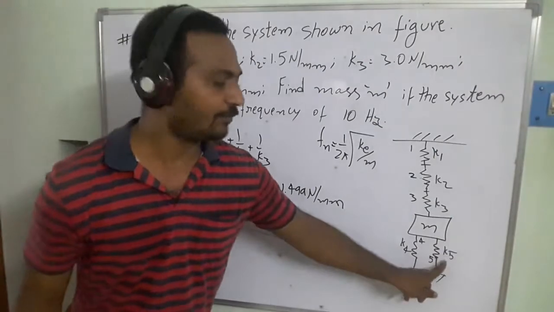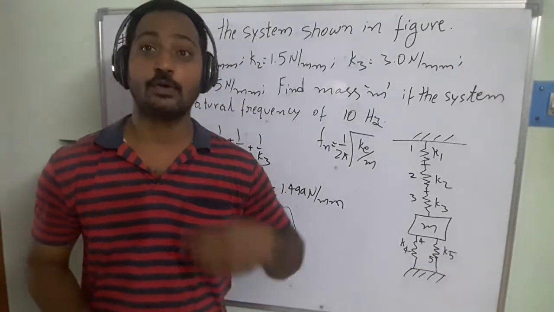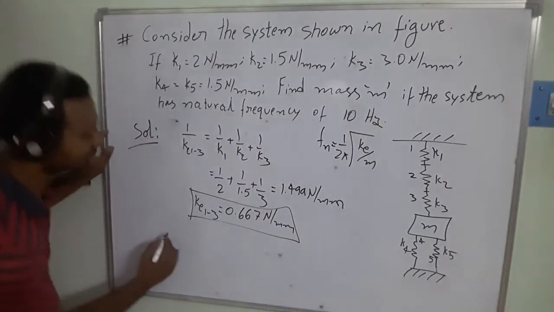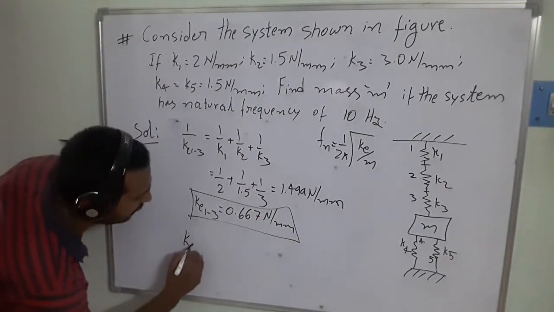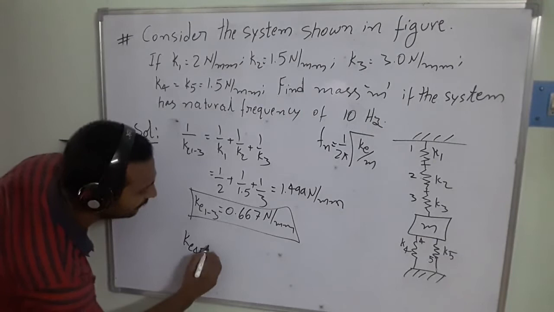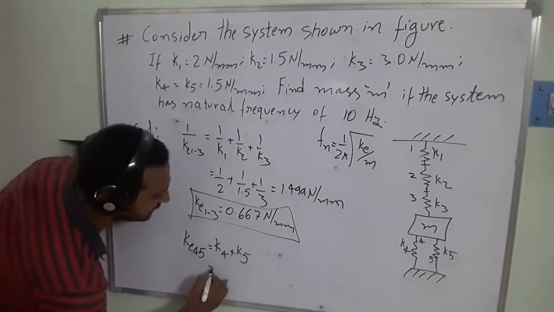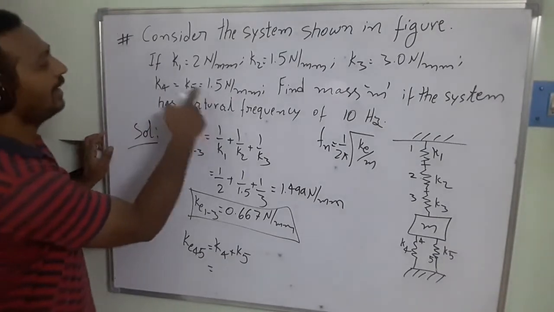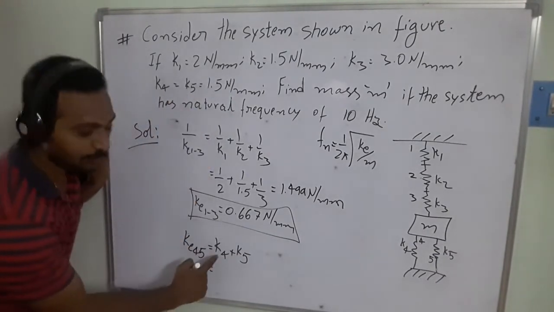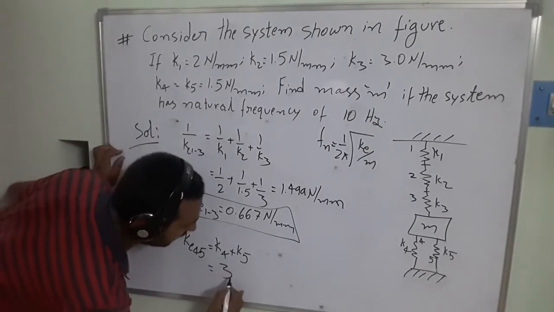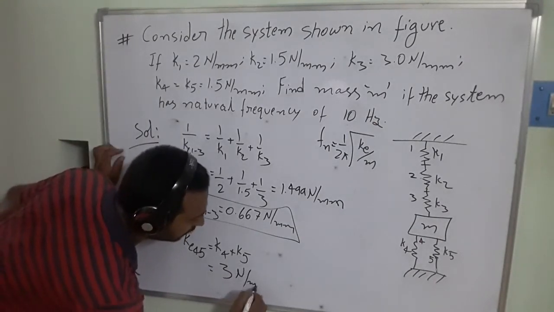Similarly, springs 4 and 5 are in parallel, so we calculate the equivalent stiffness for them also. K equivalent 4, 5 is equal to K4 plus K5. K4 is 1.5 and K5 is also 1.5, so substituting, we get 3 Newton per mm.